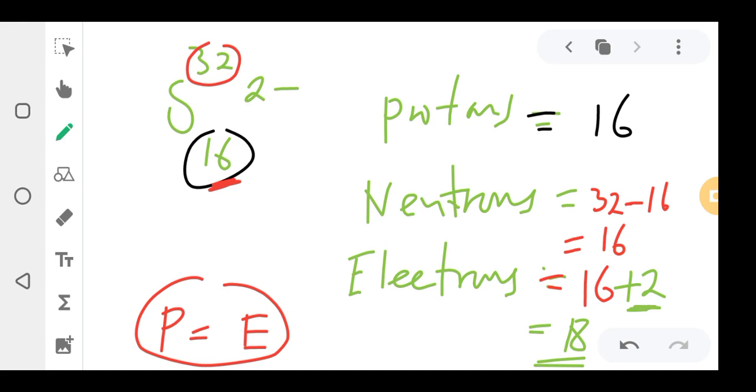But now this is minus, so I have to put plus. It's always the opposite. When it's minus here, I put plus. If it is plus here, then I put minus 2.